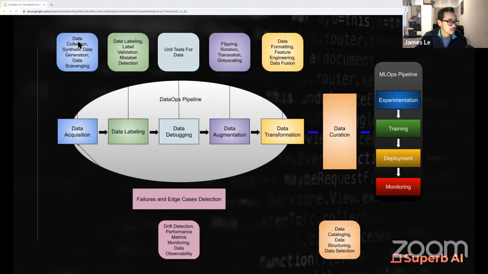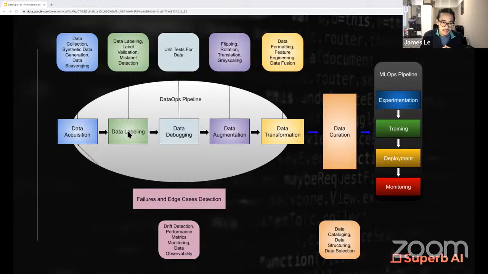Besides data collection, you can also do things like synthetic data generation, and especially in computer vision, you can use technology to generate synthetic data. This can be useful for use cases that don't have a lot of data in the first place. And finally, what I call data scavenging is the idea that you can scrape the internet or use open source data sets online to get data for your development efforts.